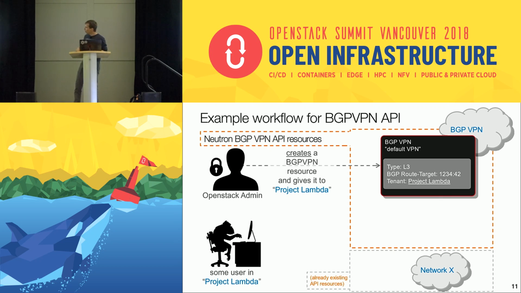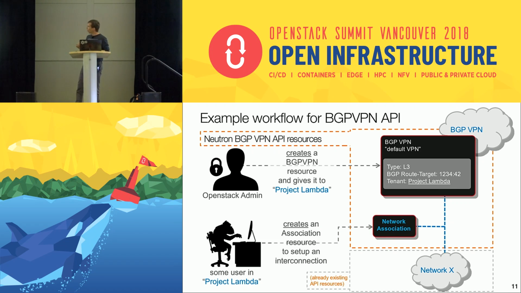And then any user, well, you have different ways of controlling roles and authorization, but a user in Project Lambda can say that his Neutron network will have connectivity to this BGP VPN, and he will do this by creating a different object, which is called a network association, that will tie the existing Neutron network construct with this BGP VPN object.